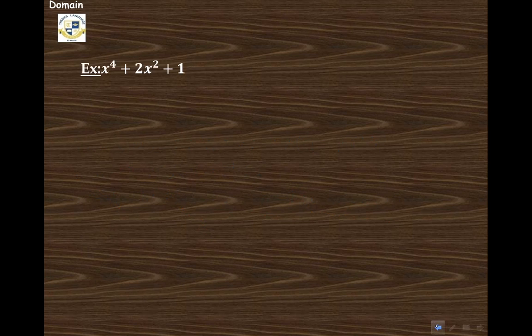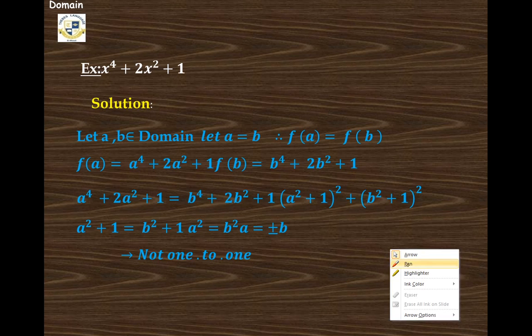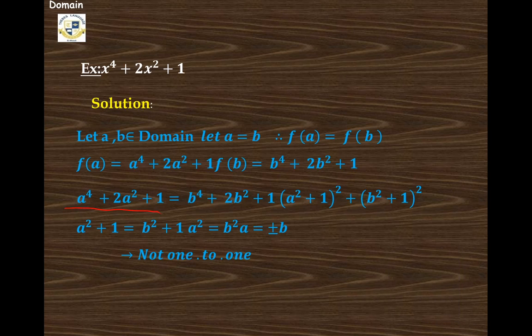Another example, f of x equals x power 4 plus 2x squared plus 1. I write f of a and f of b, a power 4 plus 2a power 2 plus 1. Also f of b, b power 4 plus 2b squared plus 1. Then I write f of a equals f of b, a power 4 plus 2a squared plus 1 and b power 4 plus 2b squared plus 1.